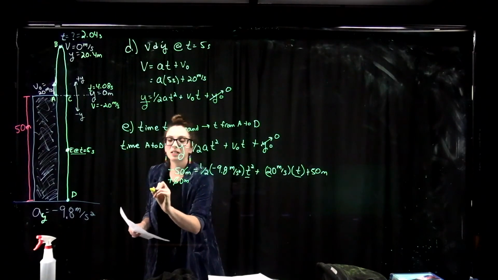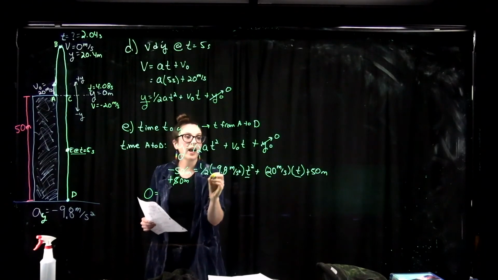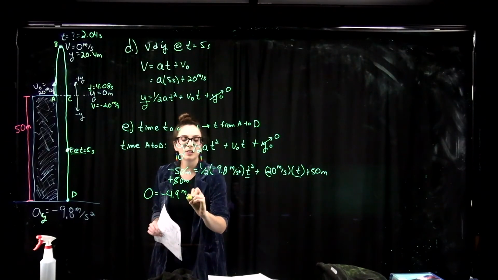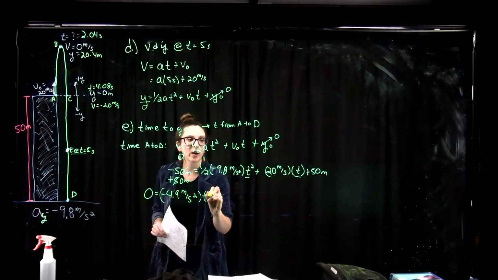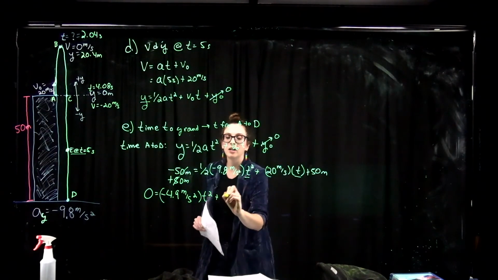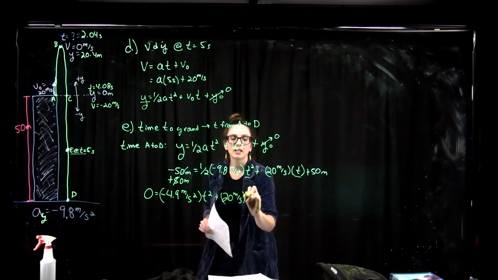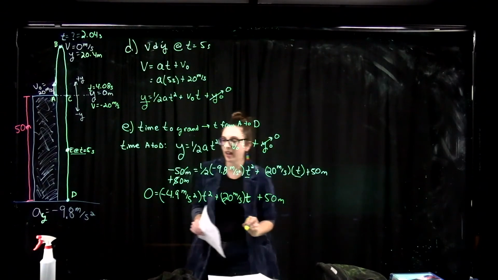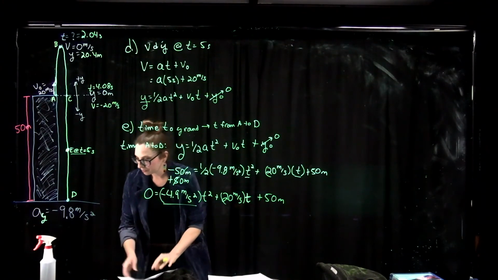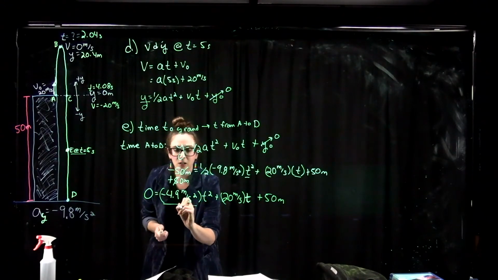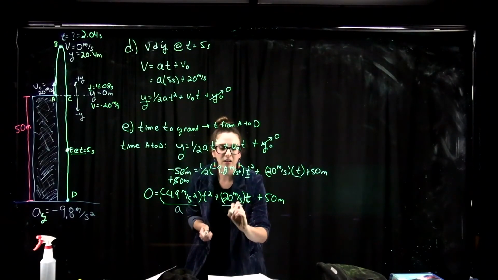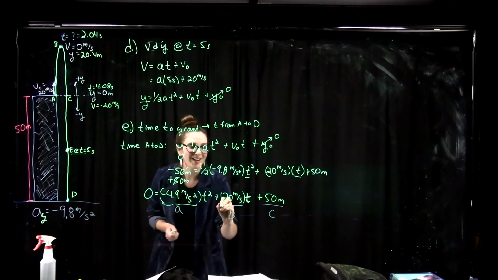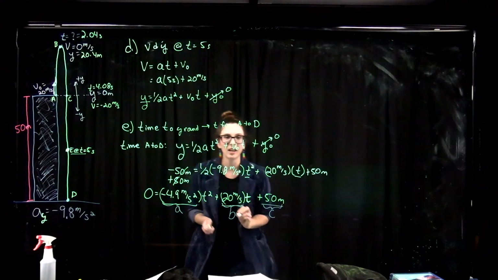So we've got 0 equals 1/2 times minus 9.8, that's minus 4.9 meters per second squared, times t squared, plus our 20 meters per second times t, plus our 50 meters. Okay, so for our quadratic, this is our term that we call A. This is our term that we call B. And then this is our term C here. We're not dividing by A, B, and C, I'm just labeling those, okay?